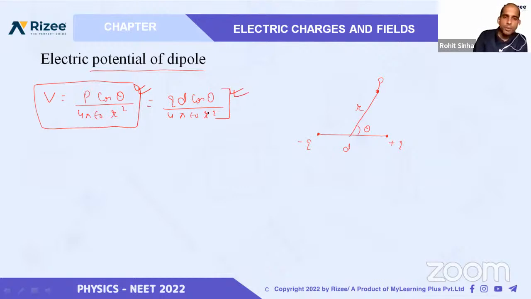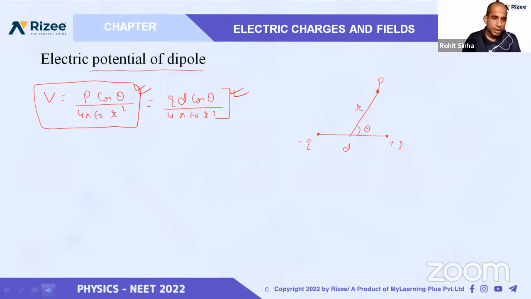Any problem till now? Okay, this is the electric potential of a dipole. We will calculate for different special cases also. Now let us move further.